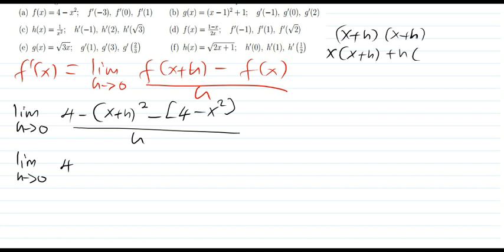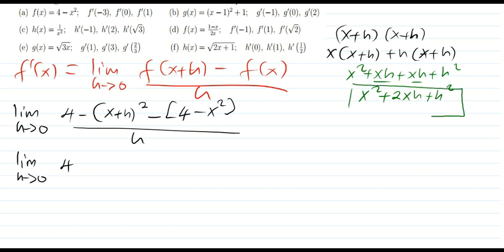So I have x plus h. Now I have x times x is x squared, x times h is xh, plus h times x is xh, plus h times h is h squared. These two can be added, so I have x squared plus 2xh plus h squared, meaning that everything here is going to be replaced by this.